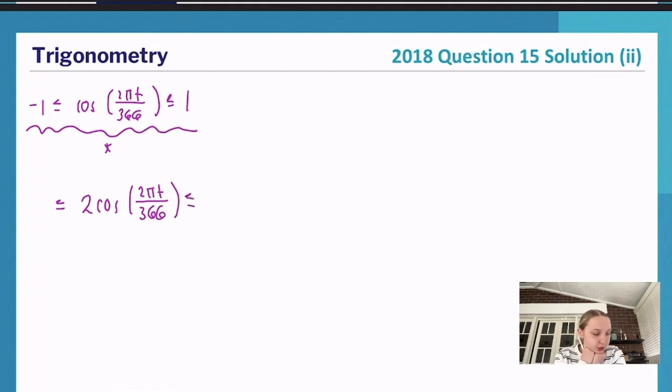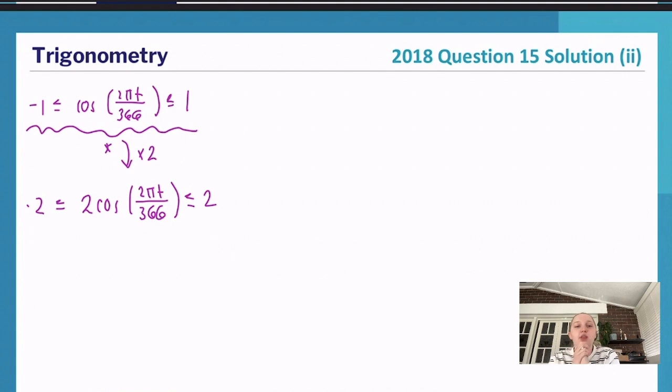What we've done to the middle is times it by 2. To get from here to here, we've times it by 2. So we're going to do the exact same thing to either side, and we're going to get -2 to 2.